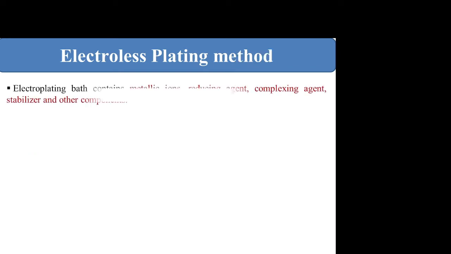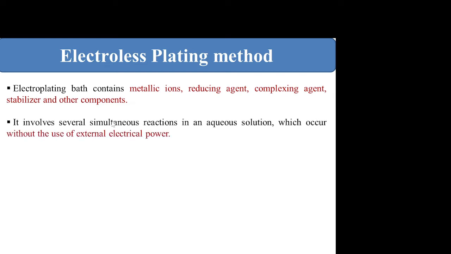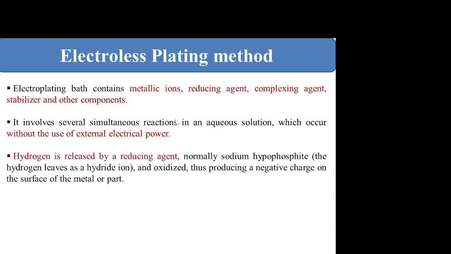Let us see the plating method. In electroless plating, the plating bath contains metallic ions, reducing agents, complexing agents, stabilizer, and other components. It involves several simultaneous reactions in aqueous solution which occur without use of external electric power. The hydrogen is released by the reducing agent, normally sodium hypophosphite. In nickel coating, we use sodium hypophosphite.